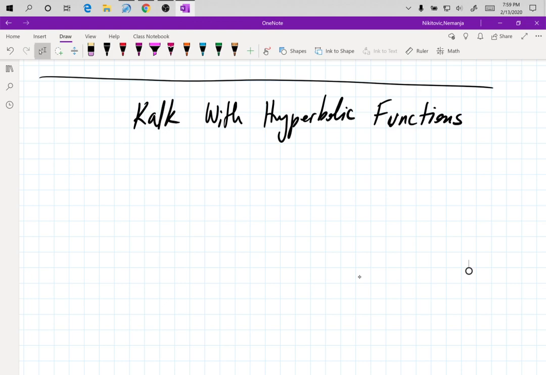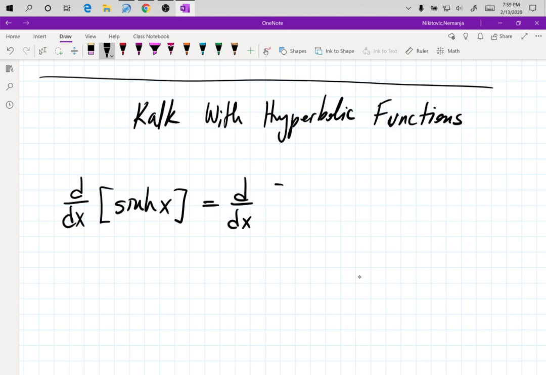Well, what is the derivative of sine hyperbolic? What would you guess? So you would guess it's cosine hyperbolic. But then I say, you know what, let me work it out, because sine hyperbolic can be written with e's: e to the x minus e to the minus x over 2, and you just take your derivatives of e's.